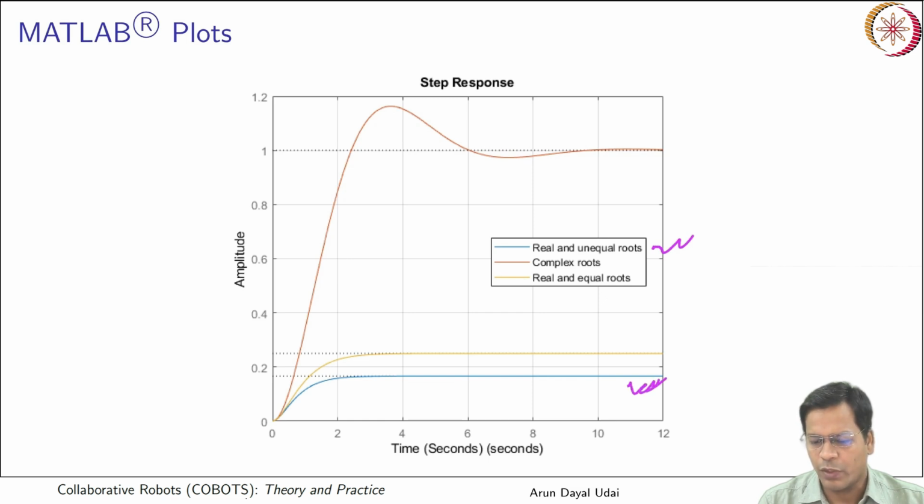This is the one where you have complex roots. It is oscillatory in nature. It has overshot, it has come back, and it is like this. And the third one is real and equal roots. So this is the critical condition in which it settles down very fast. So you see you have an external force, and with time it settles to a value. This time it won't settle to a value which is 0.